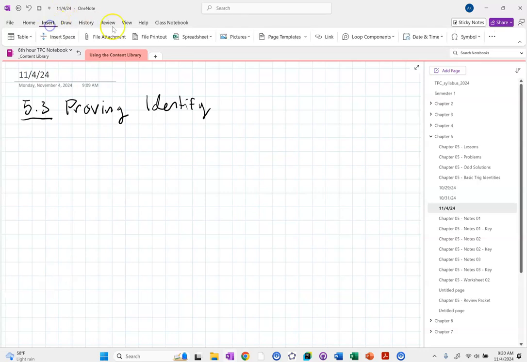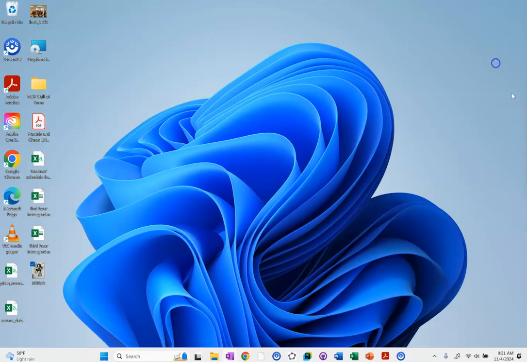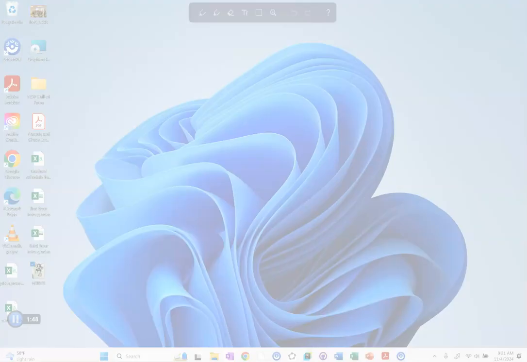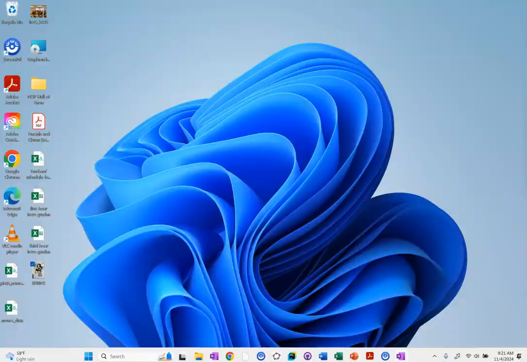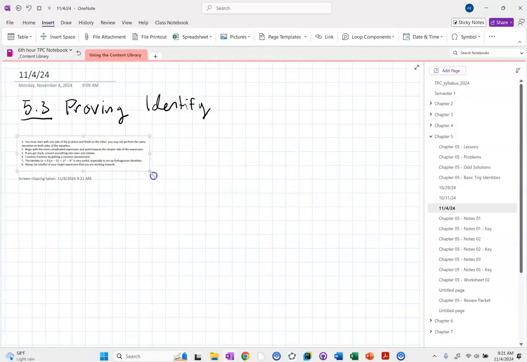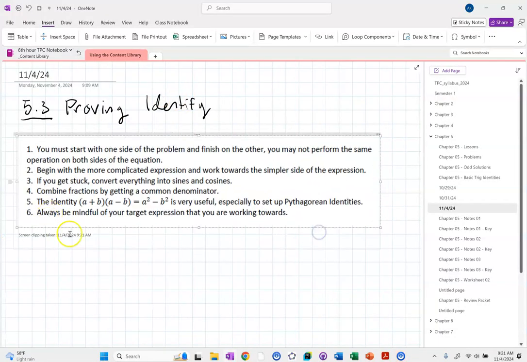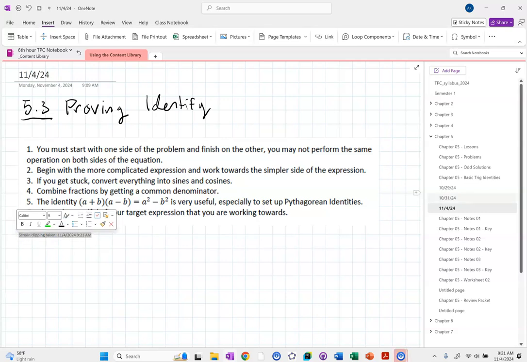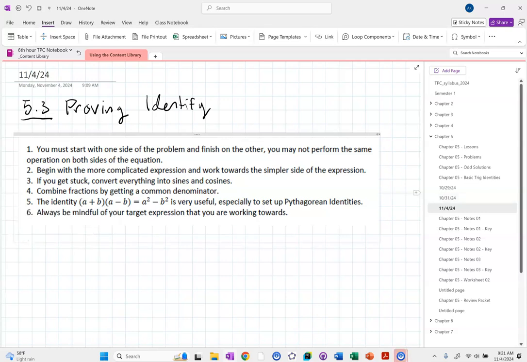So I want to point out a few helpful strategies that we can use. And these strategies could also really be used in the simplifying problems we've done before.